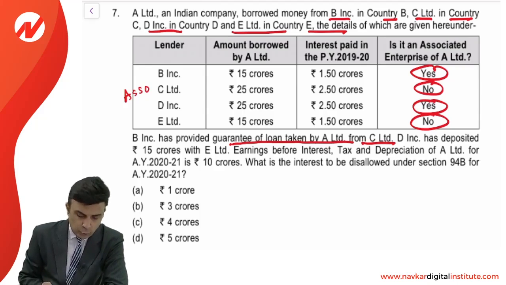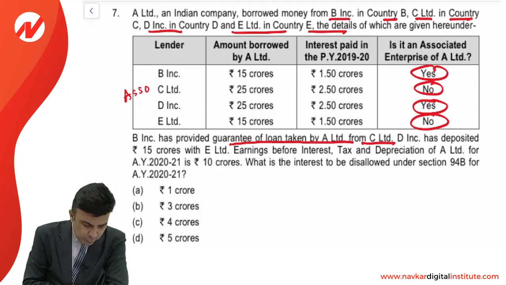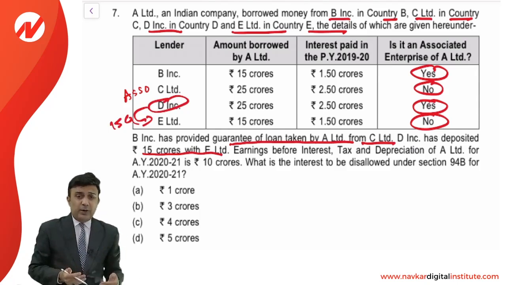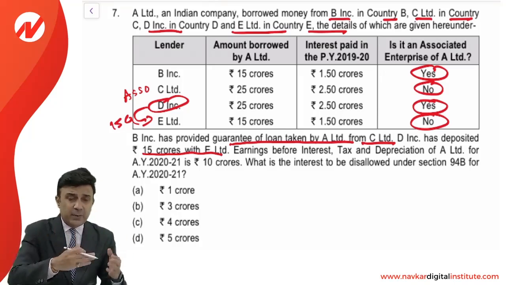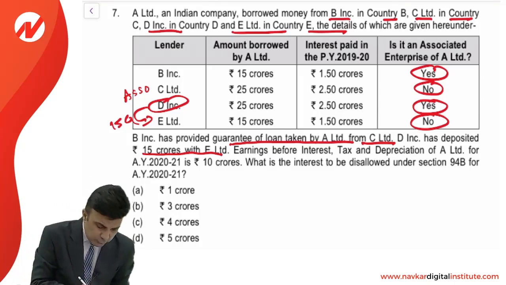Number one. Number two, D Inc. has deposited 15 crore to E Limited. D gave 15 crore to E Limited, and the same 15 crore is given by E to me, meaning thereby indirectly it is coming to me via my associate only. So E would also be my deemed associate.